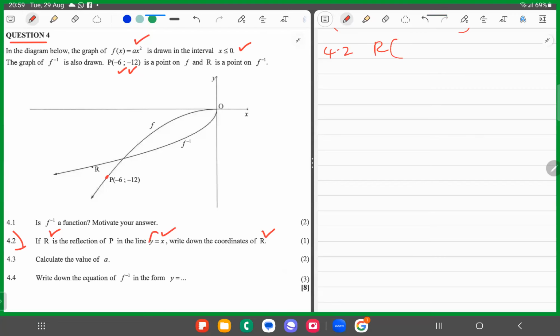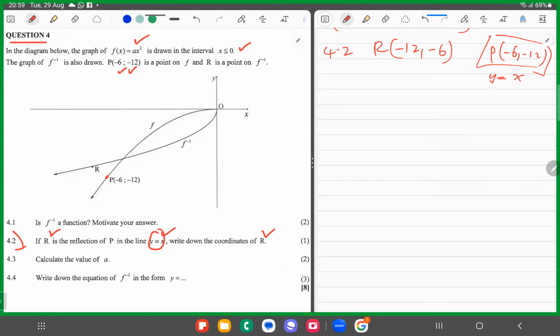Reflections in the line y equals x just switch their coordinates. You have the coordinates of P, which are -6 and -12, and then the coordinates of R are -12 and -6. So you just switch around the coordinates of P to obtain the reflection in the line y equals x.